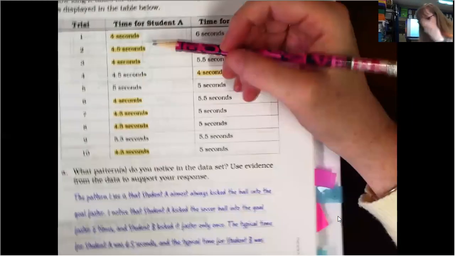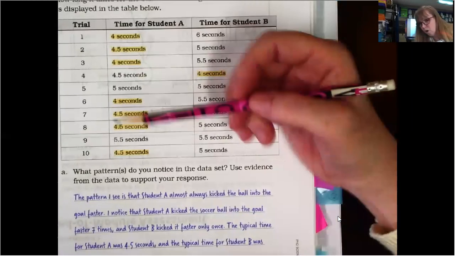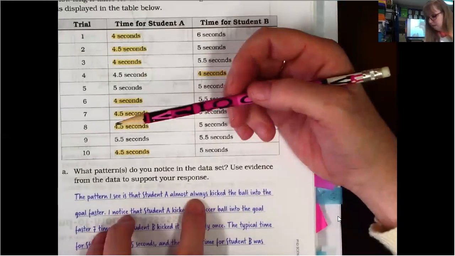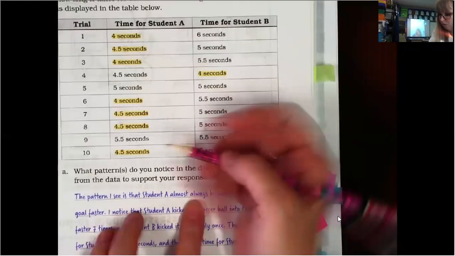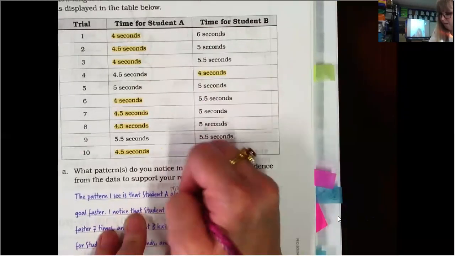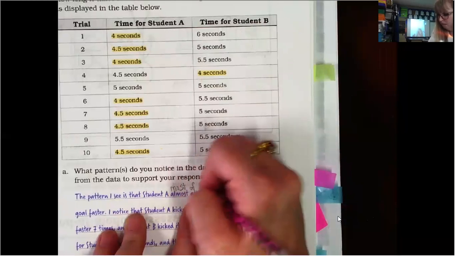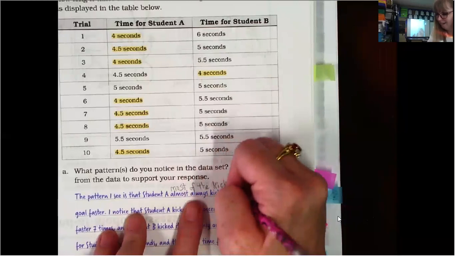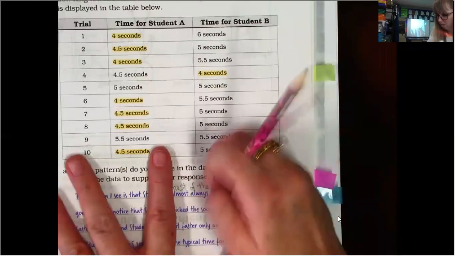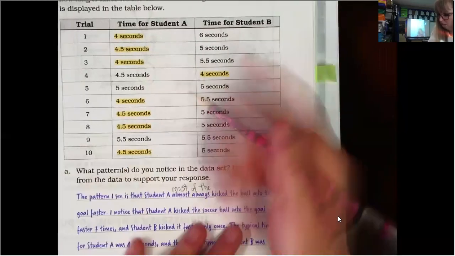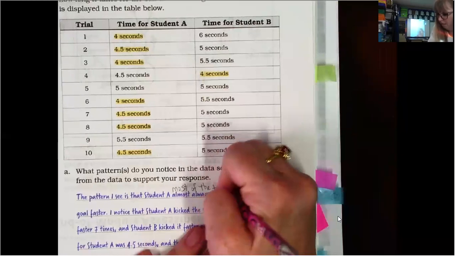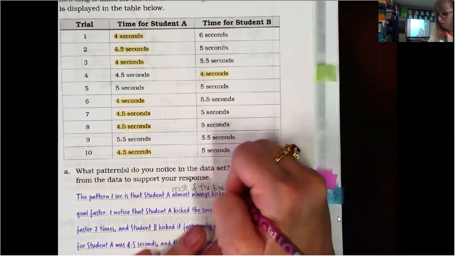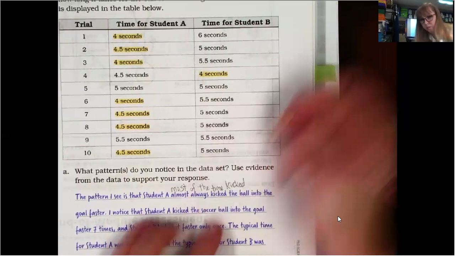The pattern I see is that student A almost always, or you could say most of the time, kicked the ball into the goal faster.